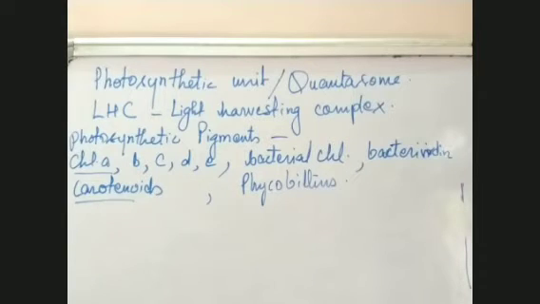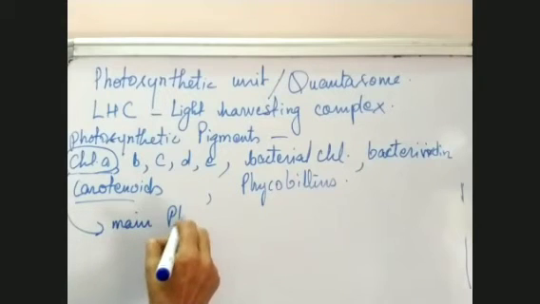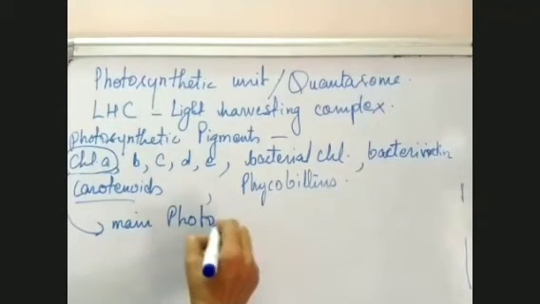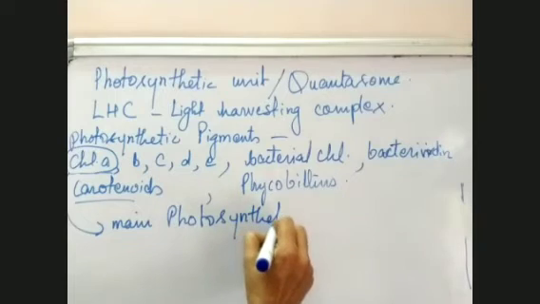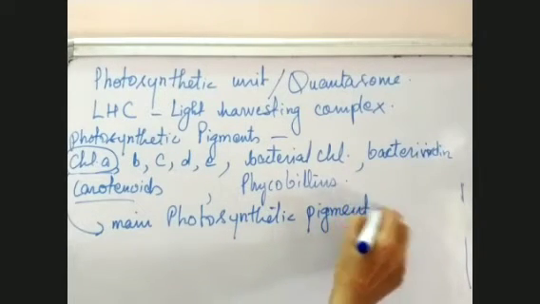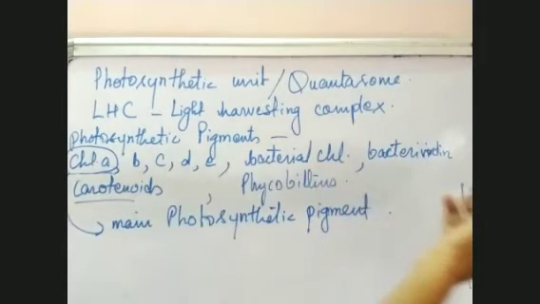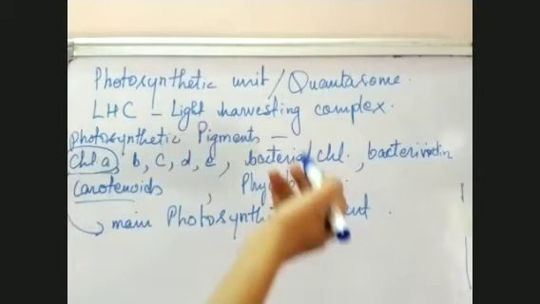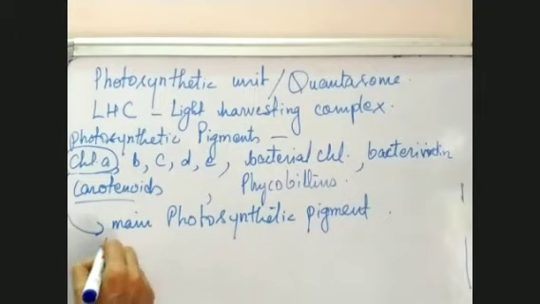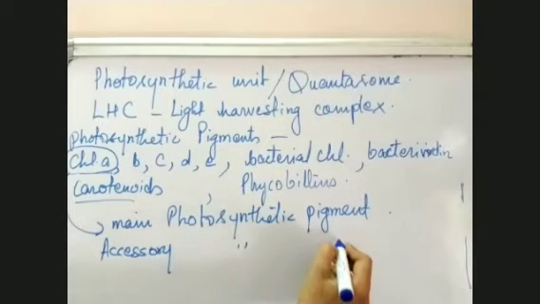And out of this, chlorophyll A is the main photosynthetic pigment, whereas all these others, B, C, D, E, bacterial chlorophyll, bacterioviridin, carotenoids, phycobilins, are accessory photosynthetic pigments.